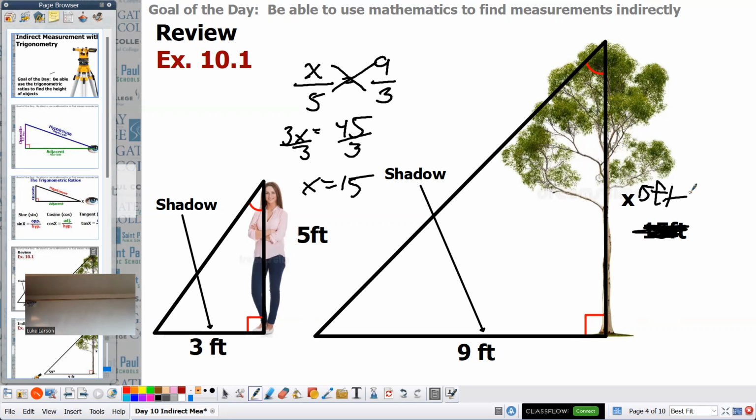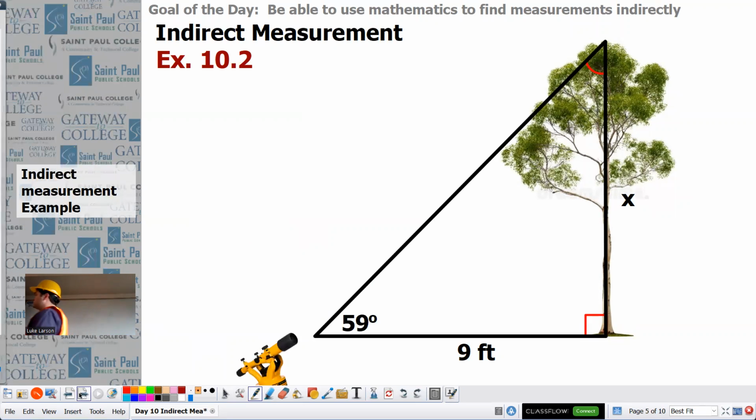And what trigonometry does, now that we've been learning all this trig, is it replaces that tree. It replaces this thing that we needed to know to have ratios that we could use. So today, exact same problem, but now we don't have a second triangle.